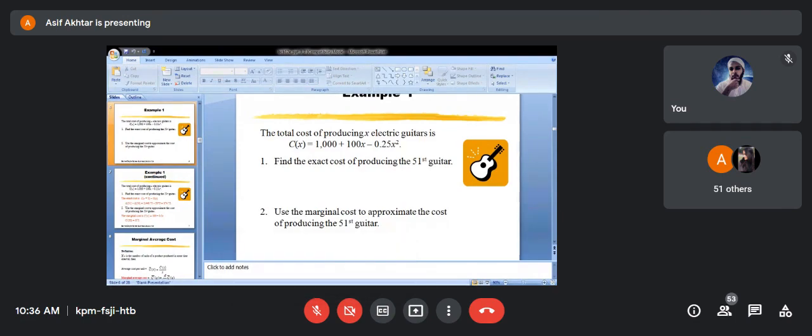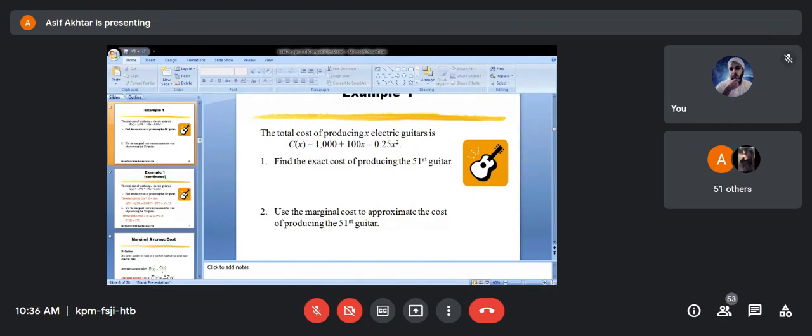1000. What is the differentiation of 1000? Sir, it's a constant value, so it would be 0. Good. Then 100x. So 100 will remain as it is, and x raised to the power 0 will become 1. So this will remain 100.